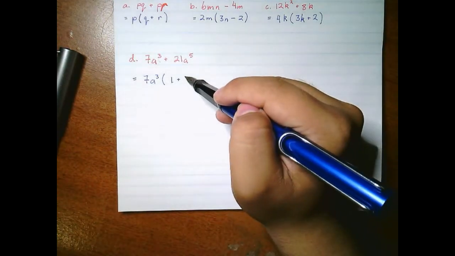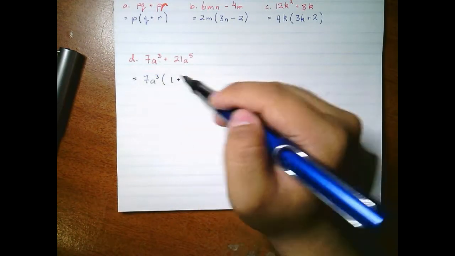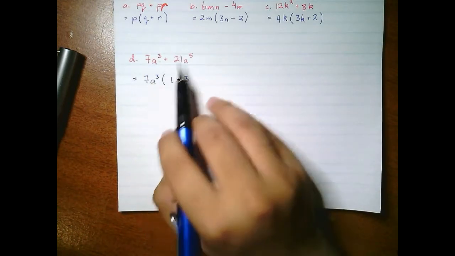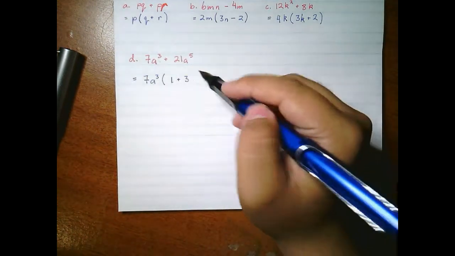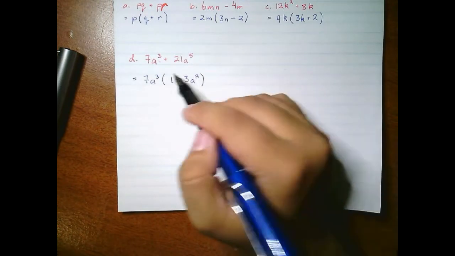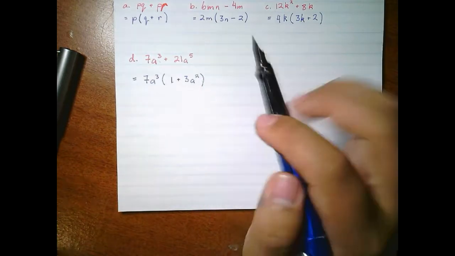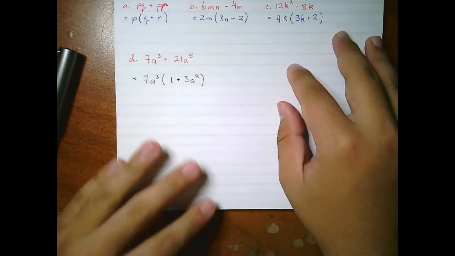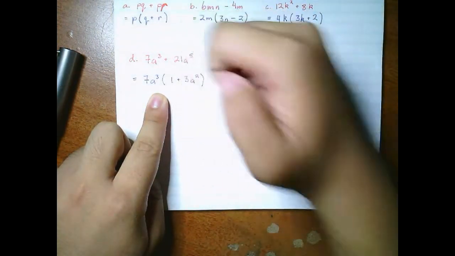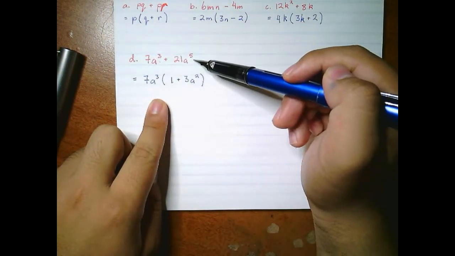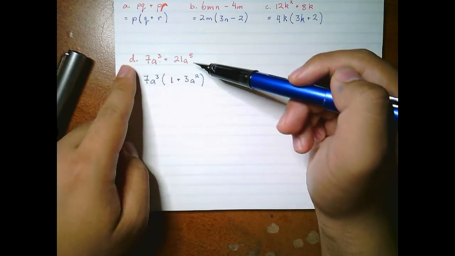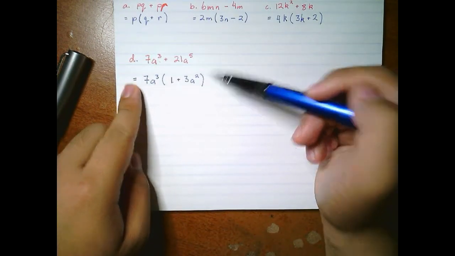Well, it's going to be 7 times 3. 7 times 3 is 21. This has 3. I need 5. So I actually need to multiply it by 2 more, because these will add. So that is our factorization of this expression. This has been factorized into this one.